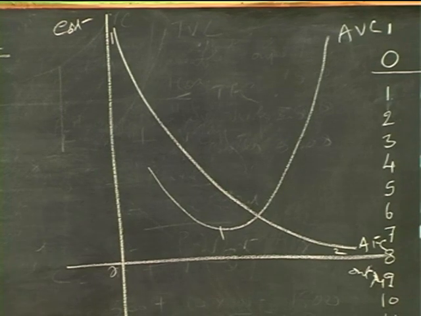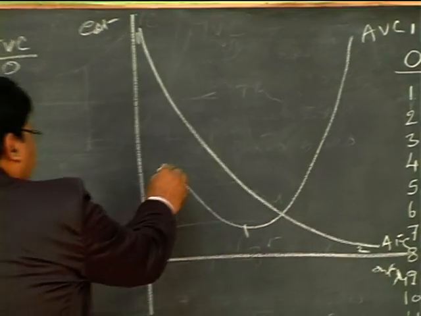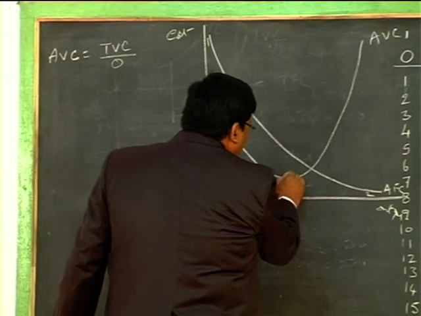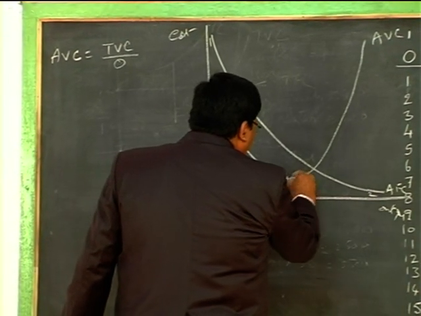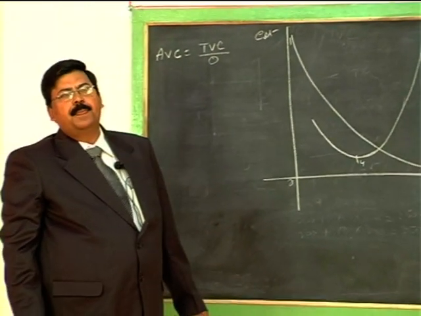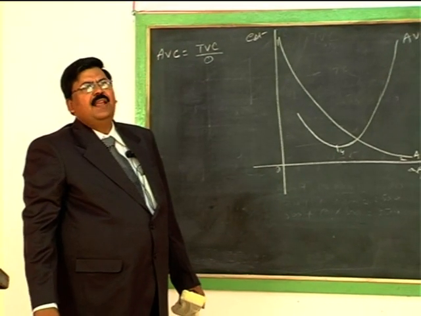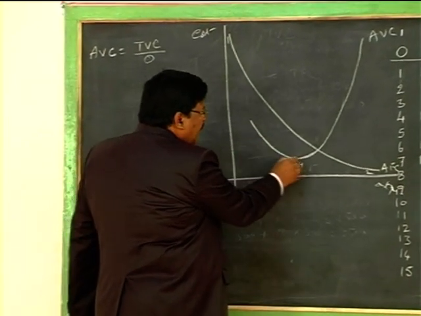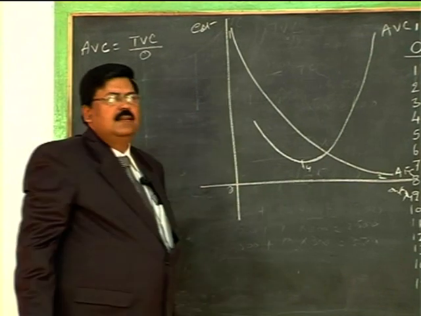So you observe AVC initially declines, reaches minimum at point 4 and rises thereafter. What is the shape of AVC? It is U-shaped. Initially declines, reaches minimum and then rises.